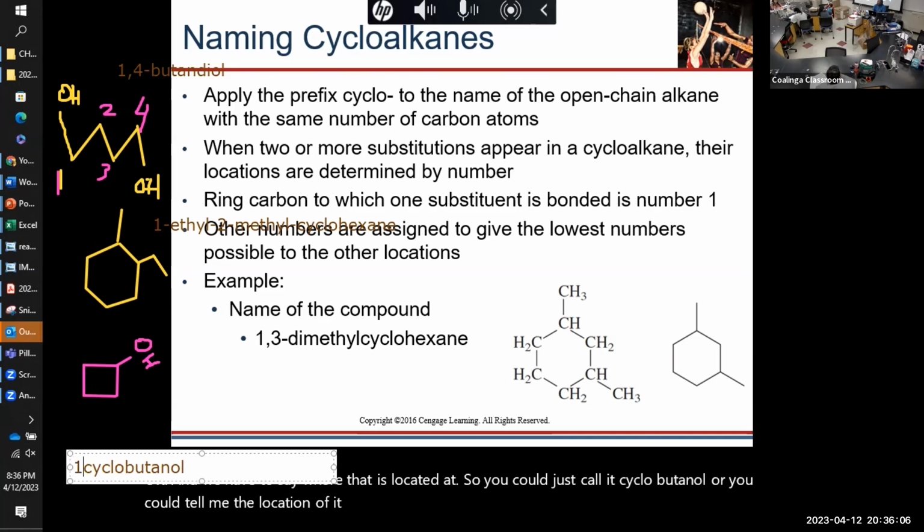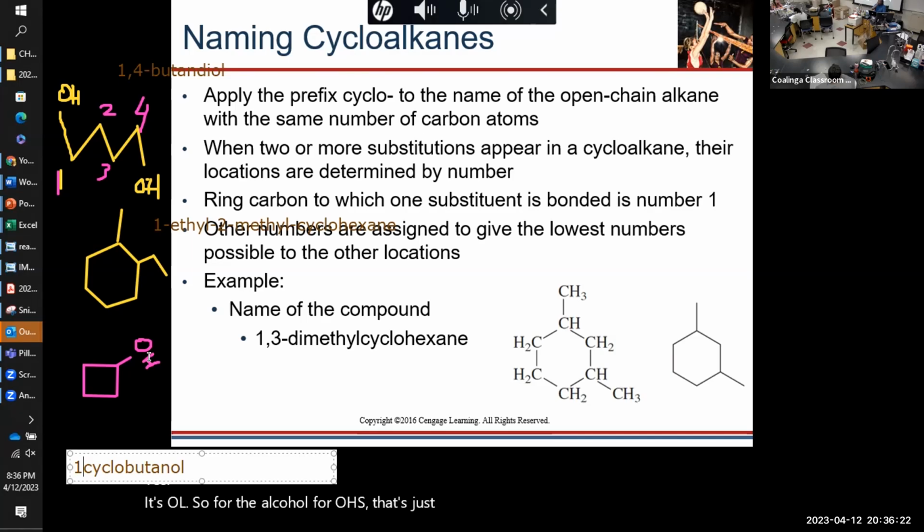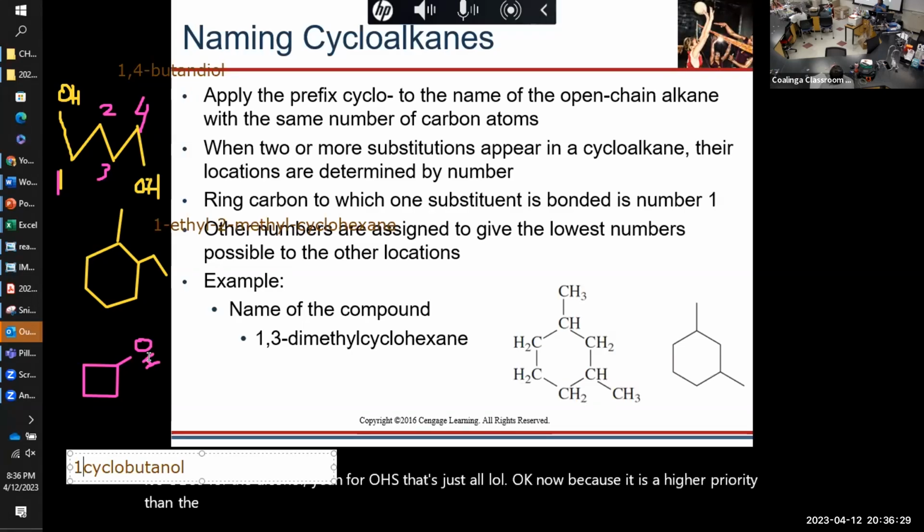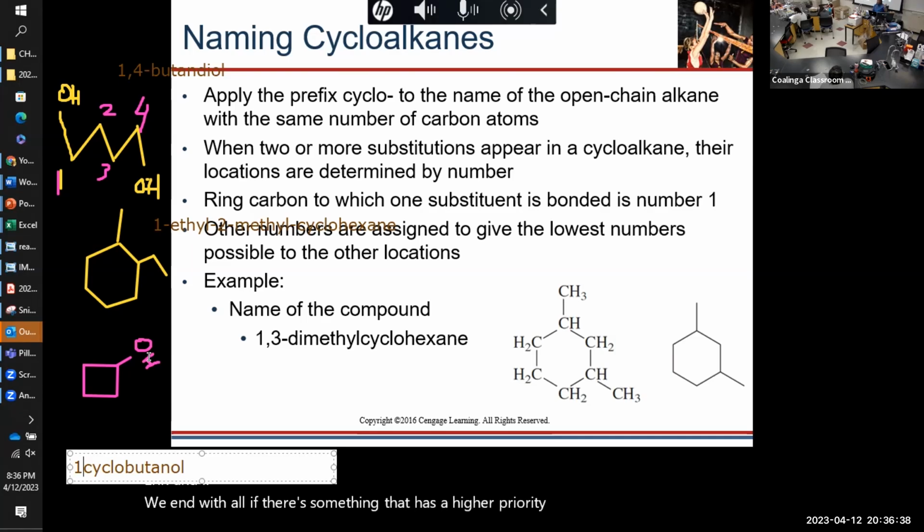It would just be 1-cyclobutanol. So for OHs, that's just all ol. Because it is a higher priority than the ane, ene, and yne, we end with ol. If there's something that has a higher priority, then it gets put up in the front.